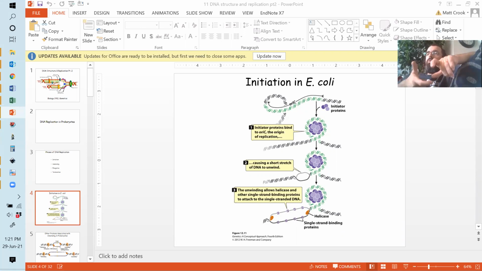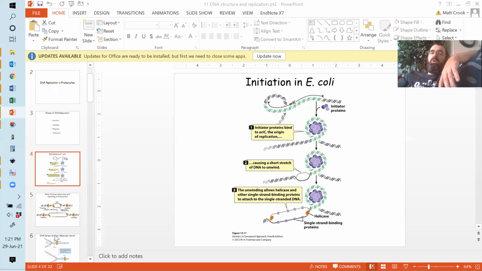It actually forces the double strands apart to create single-stranded DNA once it's able to access that point, when the DNA is opened up and held open by the single-stranded binding proteins. So once you have these conditions, single-stranded DNA held open and helicase present, now we can start the process of DNA replication.